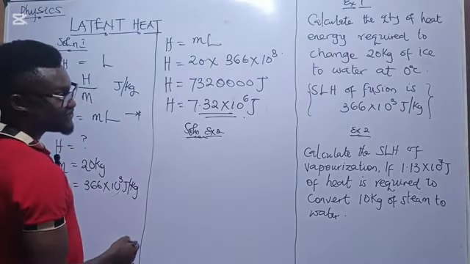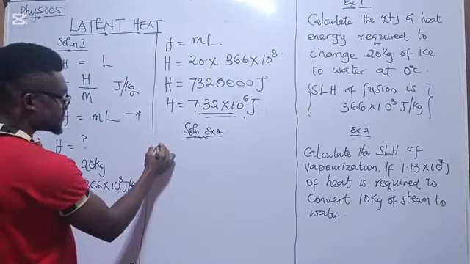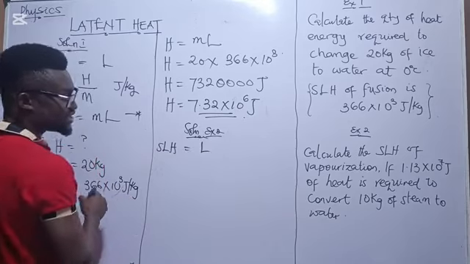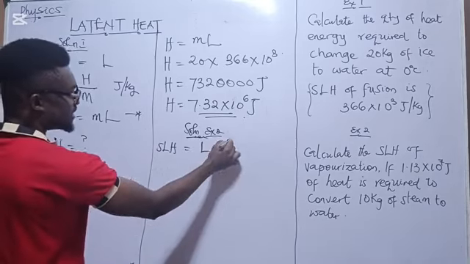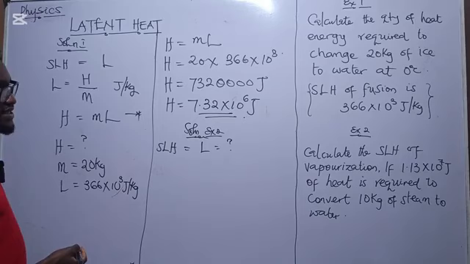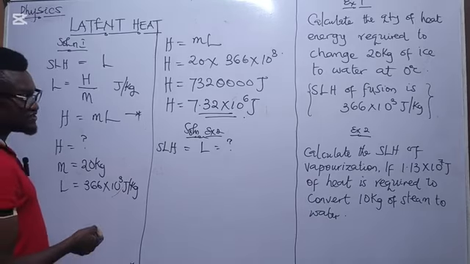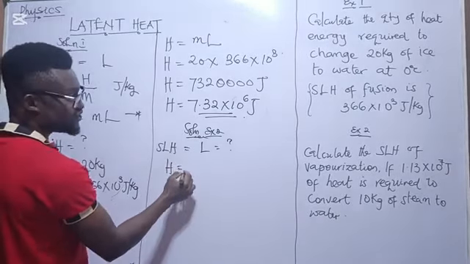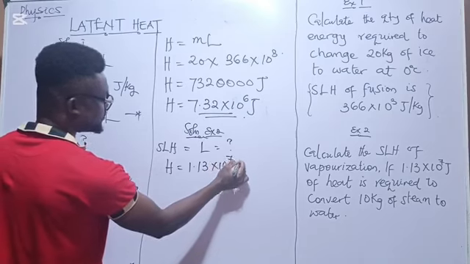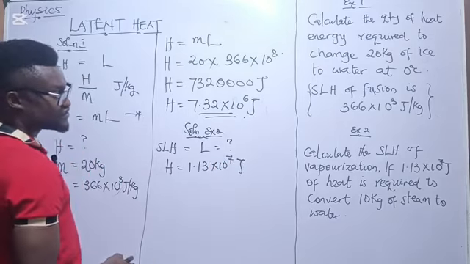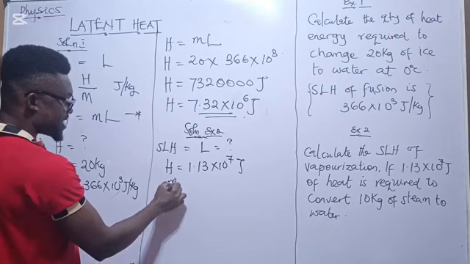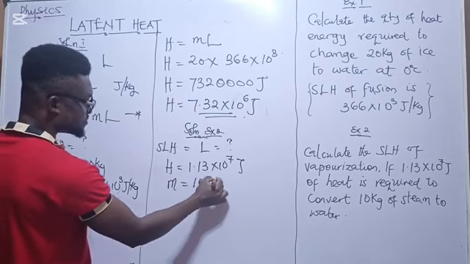Calculate the specific latent heat of vaporization, which I represent with L, if 1.13 × 10^7 joule of heat is required to convert 10 kilogram of steam to water. So the quantity of heat is 1.13 × 10^7 joule, and we have the mass, which is 10 kilogram.